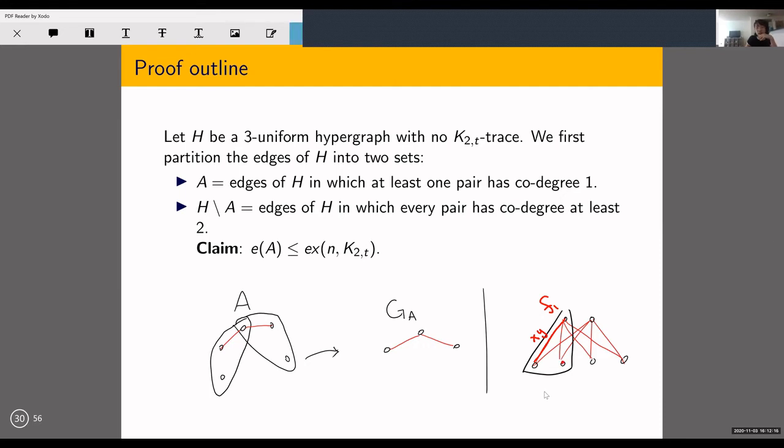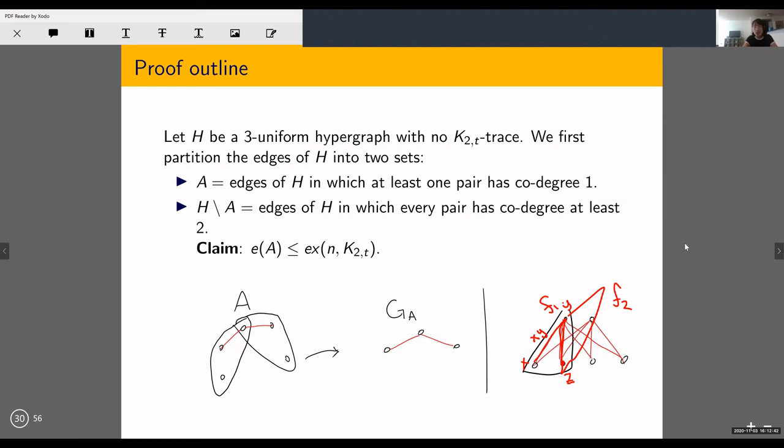Well, if it contained, for instance, the Z, so here's X, here's Y, then this pair, ZY, was also mapped to by another edge, which was different from F1. So maybe something like this, F2. But now we have that this pair YZ has codegree at least 2 in our hypergraph, giving us a contradiction. Okay, so we get this bound here.